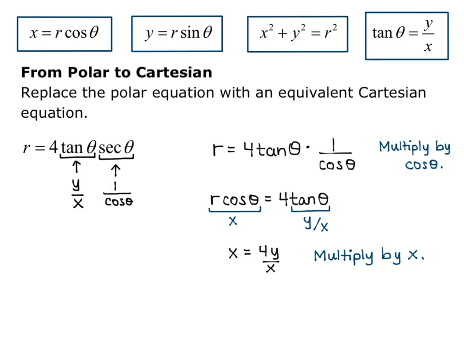And so I'm going to multiply both sides by x. So x squared equals 4y. And now divide both sides by 4. So my final equation is y equals 1/4 x squared. So I know that that equation, whether it's written in polar or Cartesian, is going to look like a parabola.